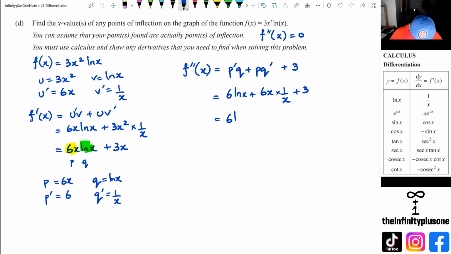So I'm going to get 6 ln of x plus 6 plus 3, sorry, that should be plus 6 ln of x plus 9. Now I know that f double dash of x equals 0, so I'm going to put that 0 is equal to 6 ln of x plus 9. Should have actually put that there: f double dash of x equals 0, for inflection points.